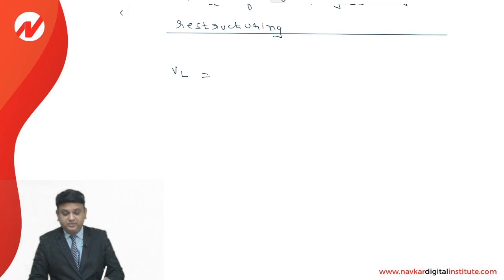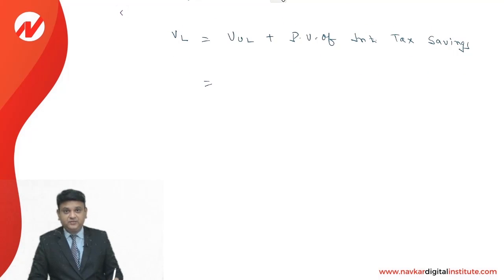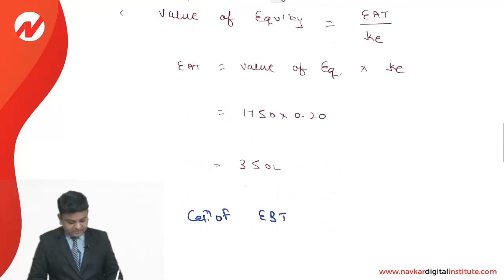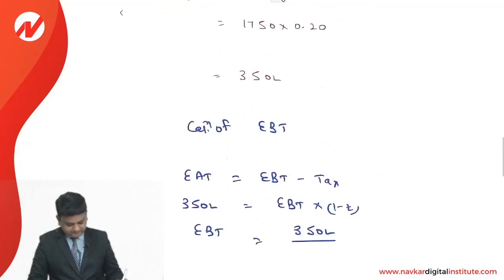Value of the levered firm is equal to value of unlevered firm plus present value of interest tax saving. What is value of unlevered firm? It is an amount of rupees 1750 lakhs.